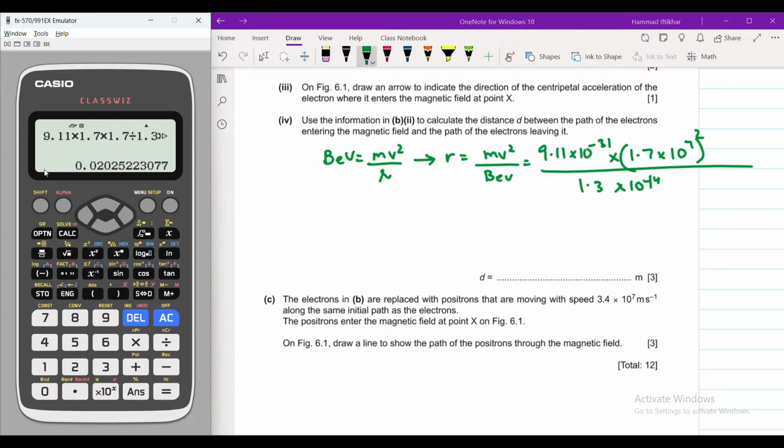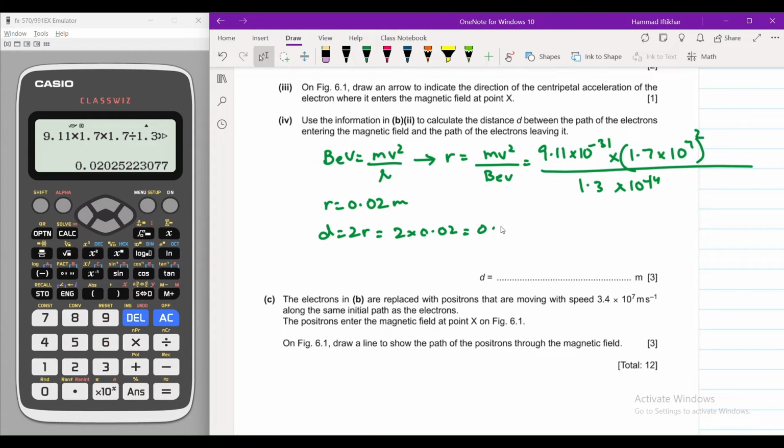So we get 0.02 meters. Since d is equal to 2r, 2 times 0.02 is 0.04 meters.